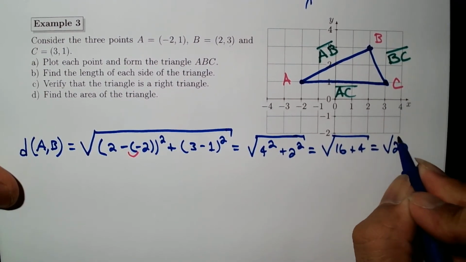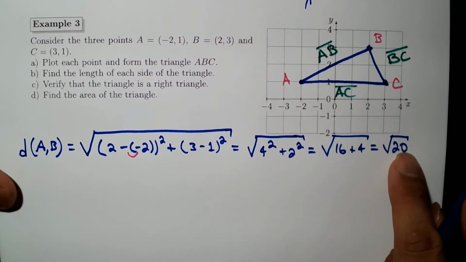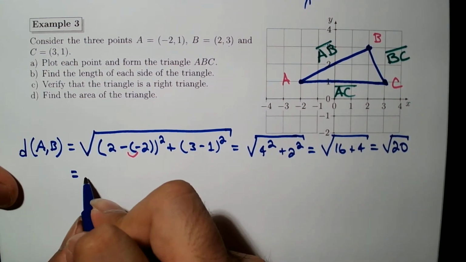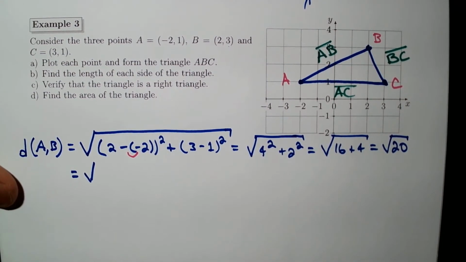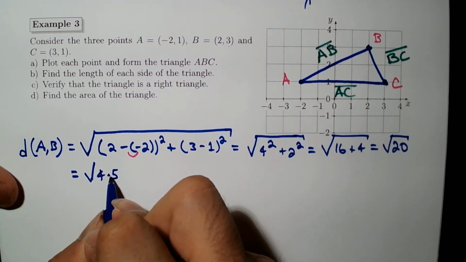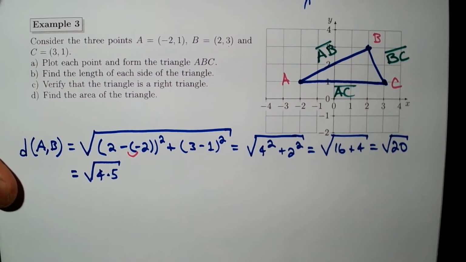of 20. But this number can be simplified a bit further because 20 has a perfect square as a factor inside of the radical. There are a few ways to factor the number 20. 10 times 2, but none of those factors are perfect squares. Another way is 5 times 4, in which 4 is a perfect square.